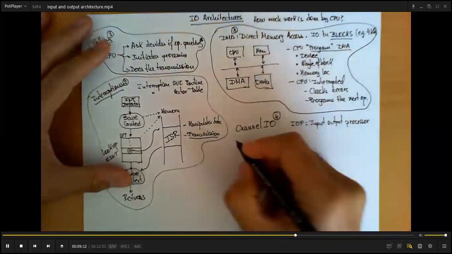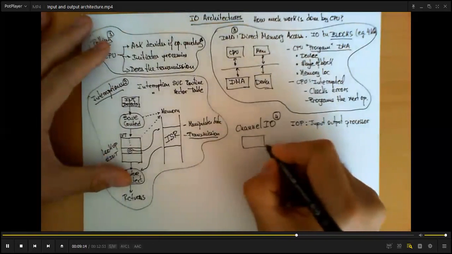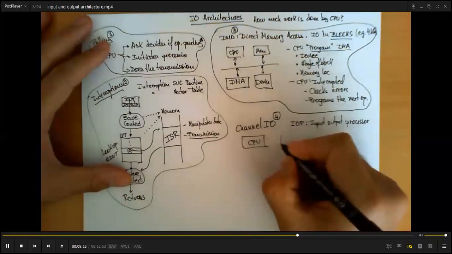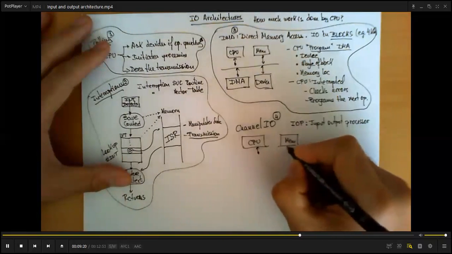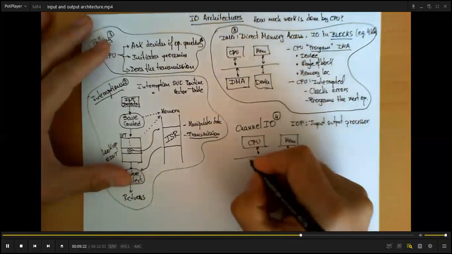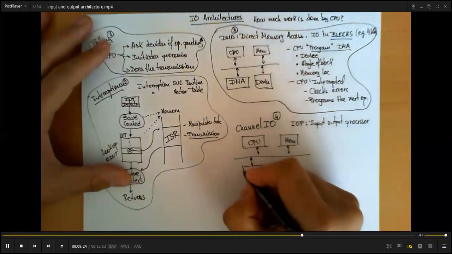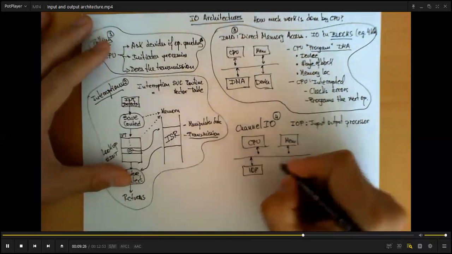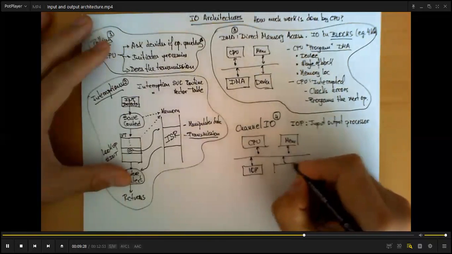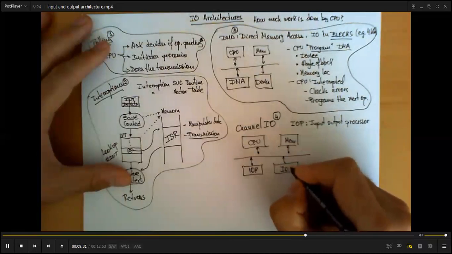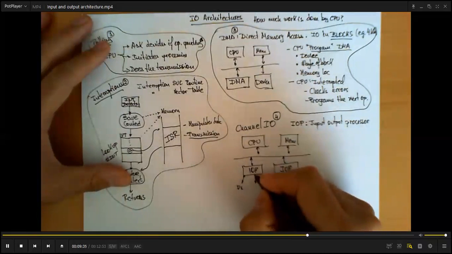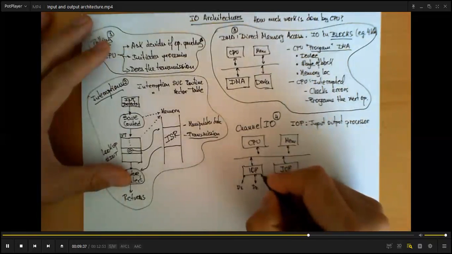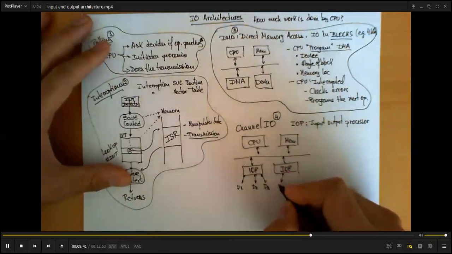Now this circuit is still connected to the regular system as we know it, with the CPU, the memory here. But now the difference is, rather than having the devices directly connected to the bus, what we have is one or several IOPs, and each one of them takes care of all the operations for more than one device.